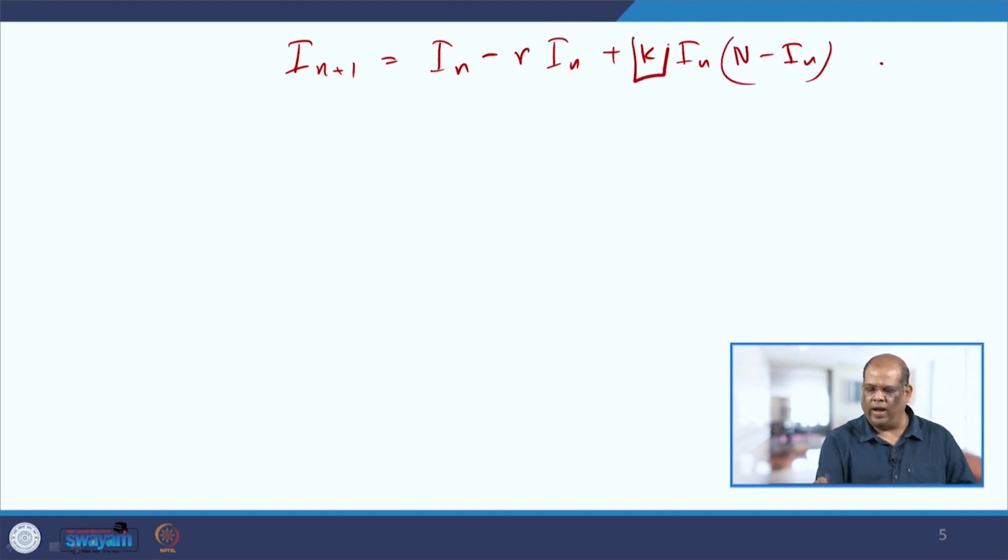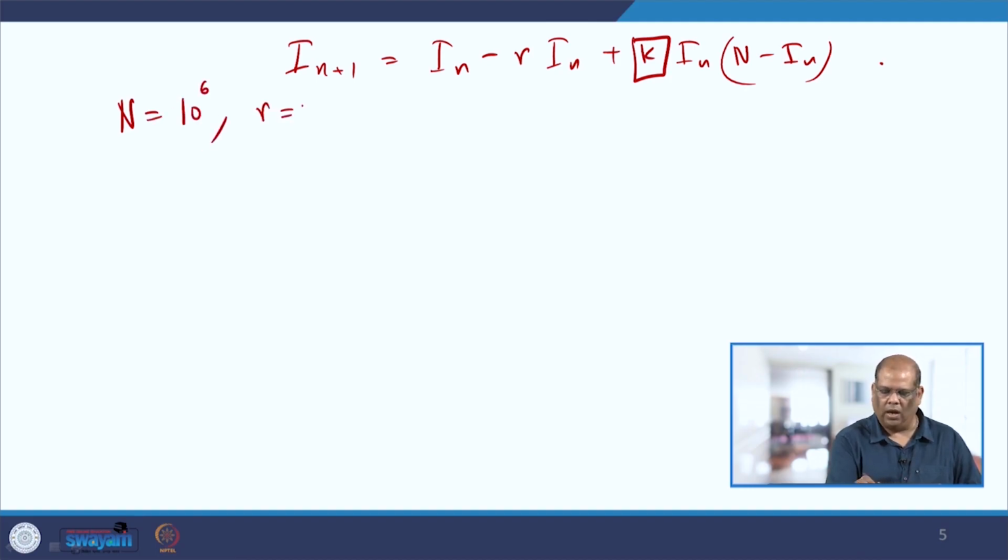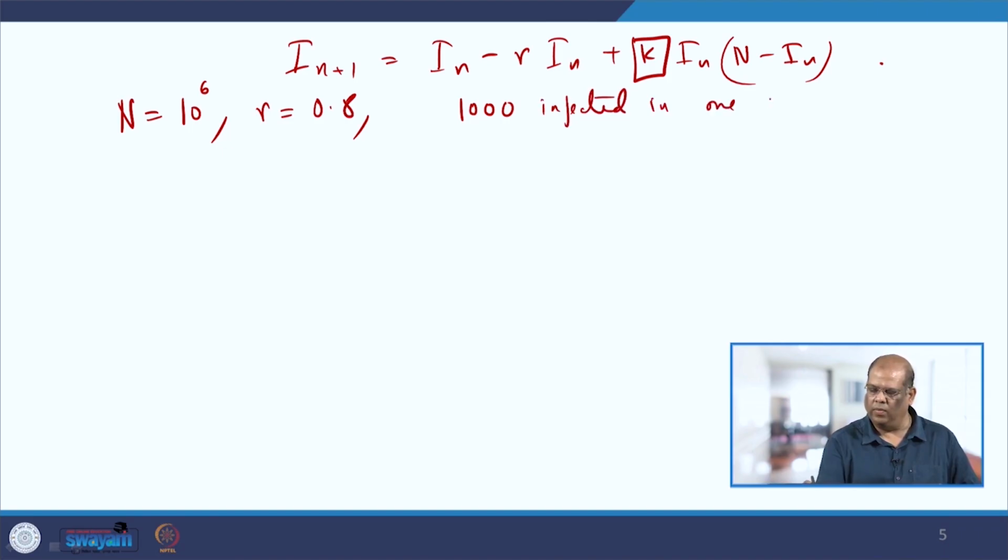I need to find this value of k, and for this some initial conditions are needed. So, let us take say n equal to 10 to the power 6, r equal to 0.8, and you say 1000 infected in 1 week and 1500 infected in the next week.